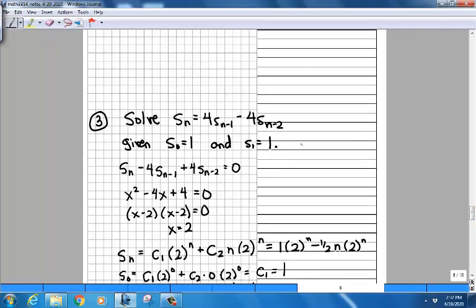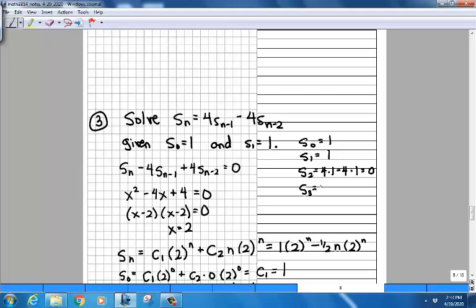So let me compute some, if I can do it properly this time. s_0 is equal to 1. s_1 is equal to 1. And now we have s_2 is equal to what? 4 times s_1, so 4 times 1, minus 4 times s_0. But s_0 is also 1, so it looks like s_2 is 0. What about s_3?